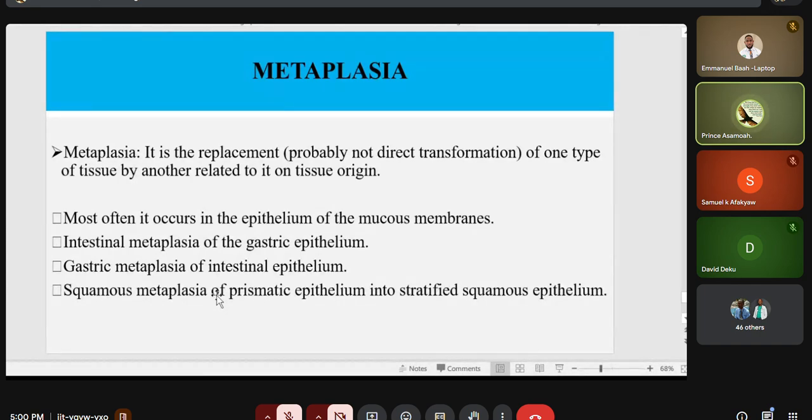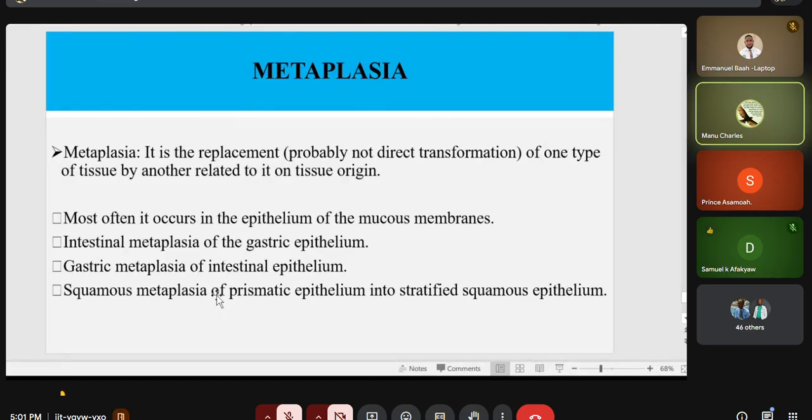So these mucous membranes, metaplasia usually happens then. One mucous membrane goes and covers another part where there's supposed to be a mucous membrane, and another mucous membrane can also travel to another part. That is what we are talking about.